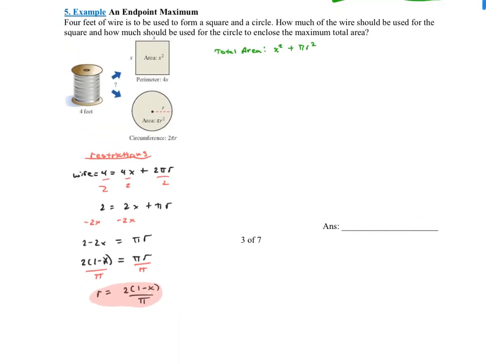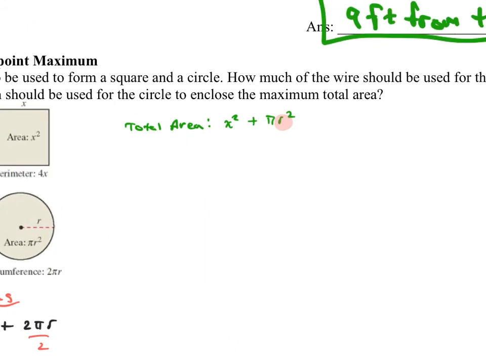So let's look at this. You'll see why I left it in that form momentarily. So let's rewrite a. So a is going to equal x squared plus pi times, well, r was 2 times 1 minus x all over pi, and then we're squaring that amount, right?